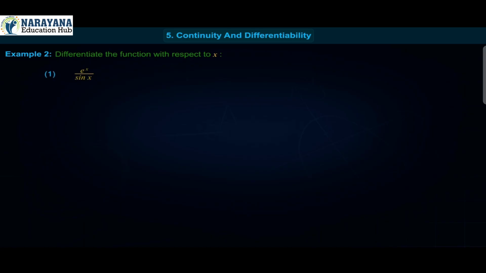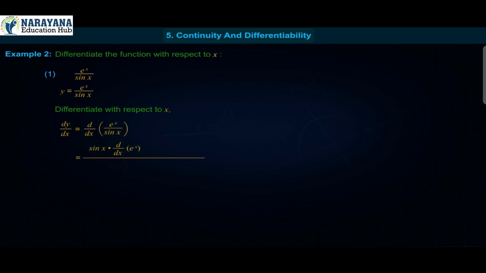Number 1. e raised to x upon sin x. y is equal to e raised to x upon sin x. Differentiate with respect to x. dy by dx is equal to d by dx of e raised to x upon sin x, which is equal to sin x into d by dx e raised to x minus e raised to x into d by dx sin x, upon sin square x, using quotient rule.